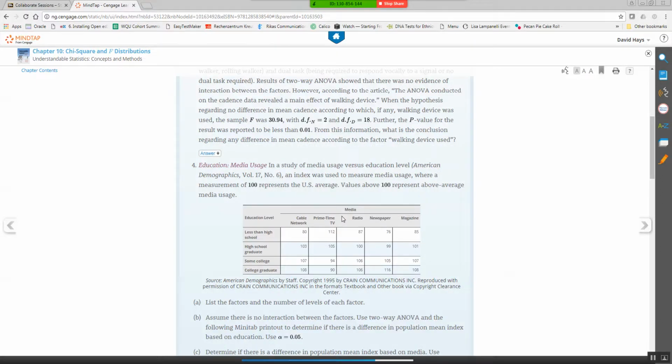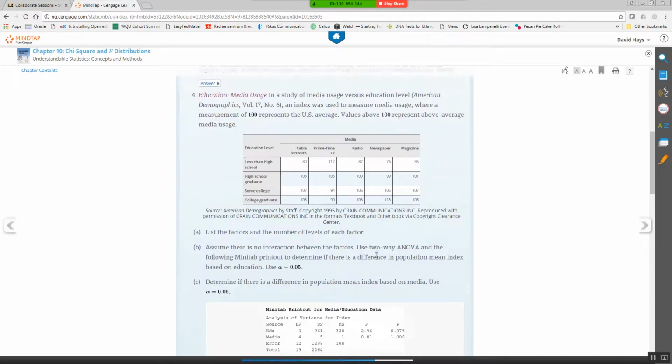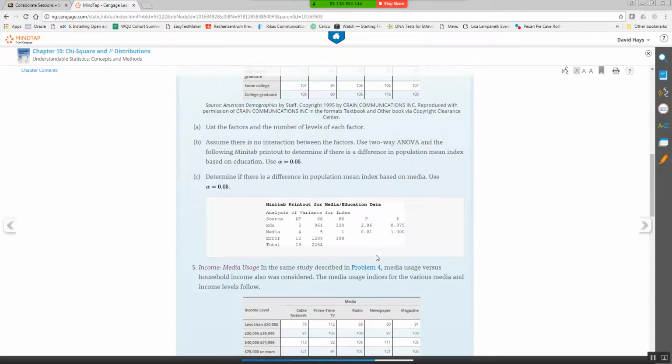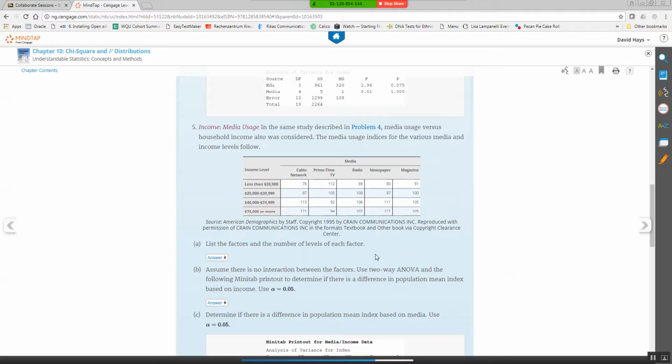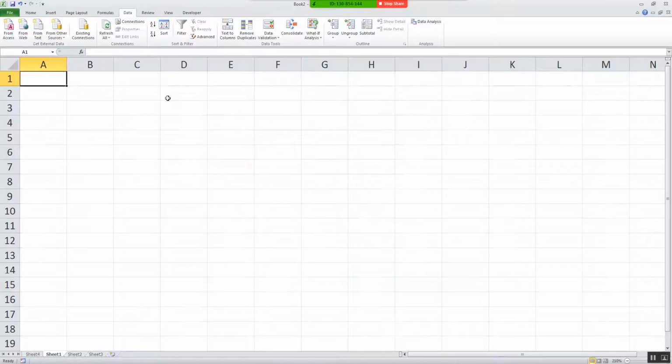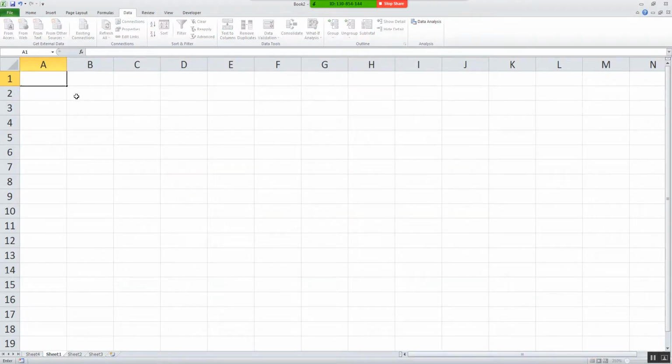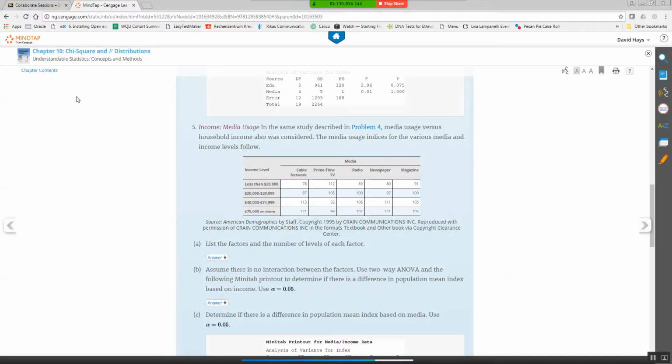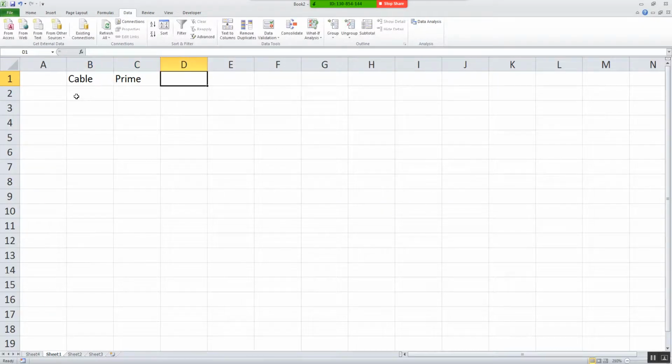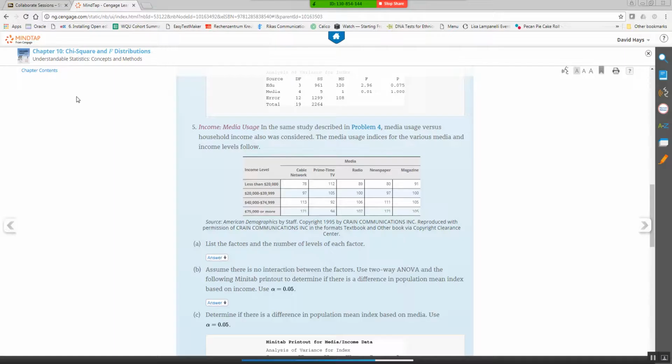And let's look at number 5. We got cable, primetime TV, prime, radio, newspaper, and magazine.